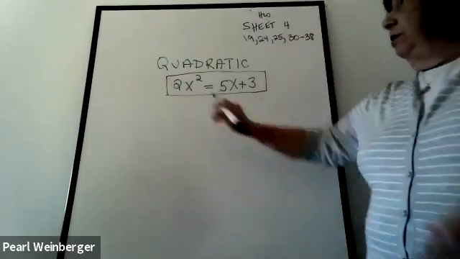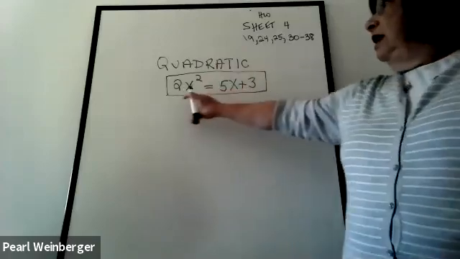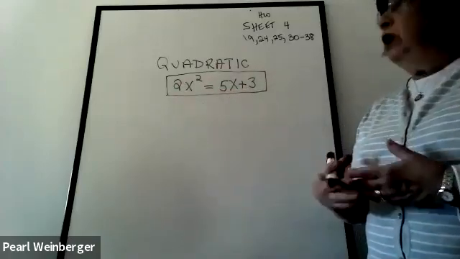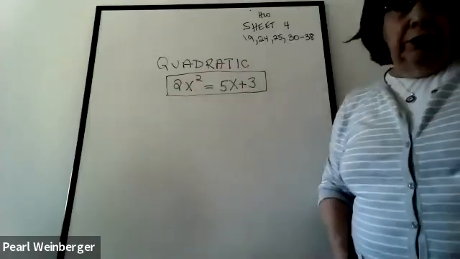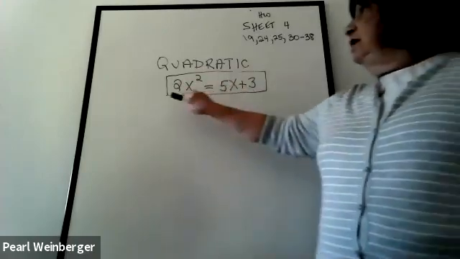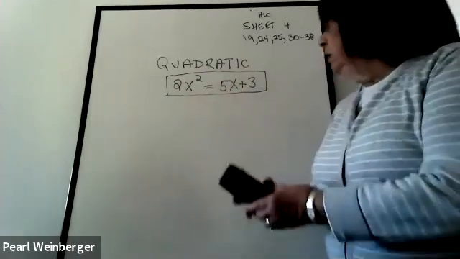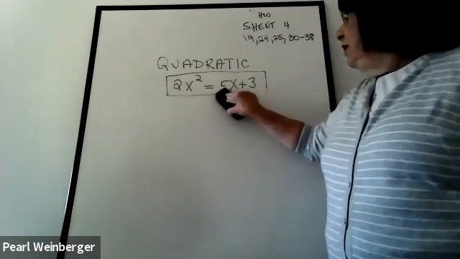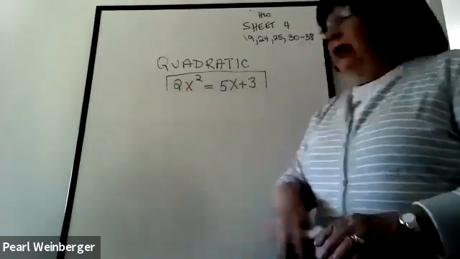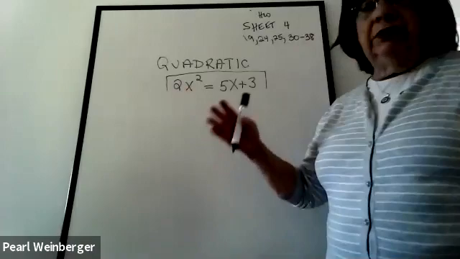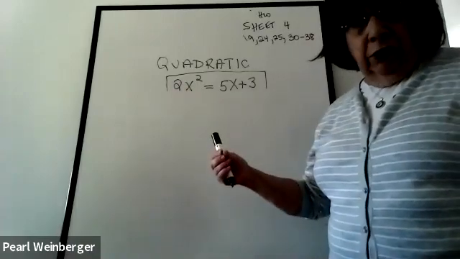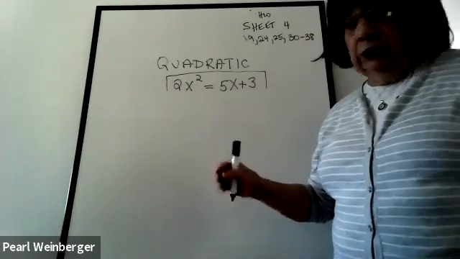This was the one I wrote first, and I said I knew it was a quadratic equation because I saw an x squared in it. So if I see an x squared in that equation, I know I have to solve it the way I solved this one. In other words, what I want to do is get it equal to 0 and then factor.